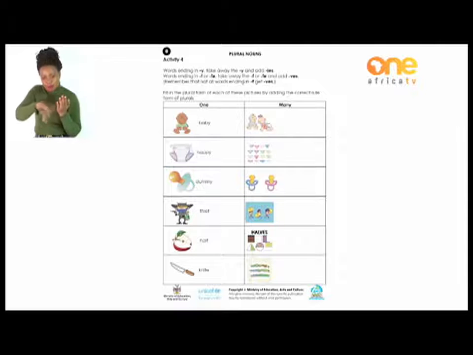Words ending in F or FE, take away the F or FE and add VES. Remember that not all words ending in F get VES. There are some that do not follow the rules.